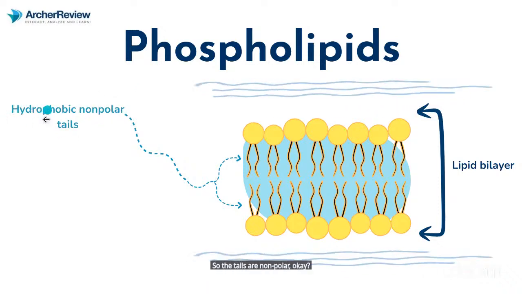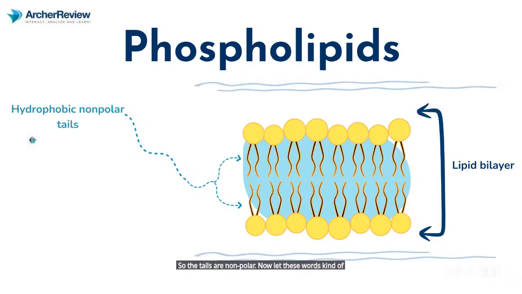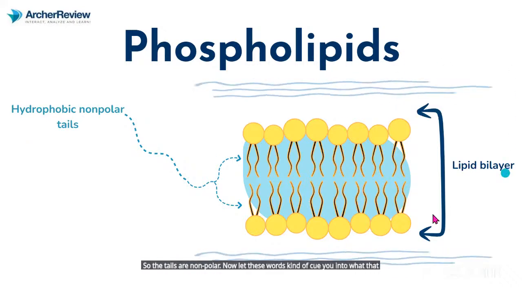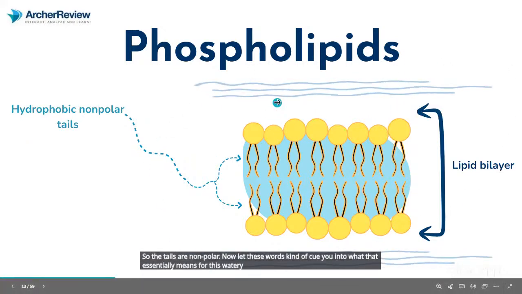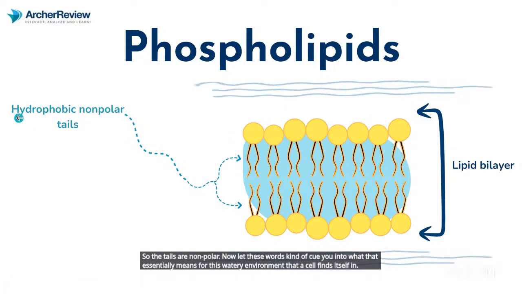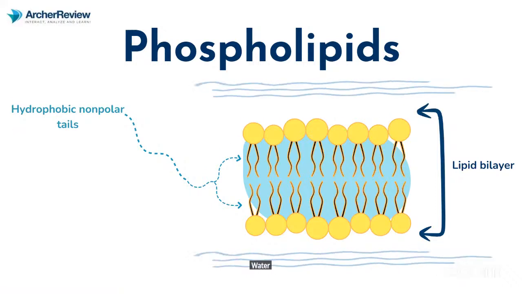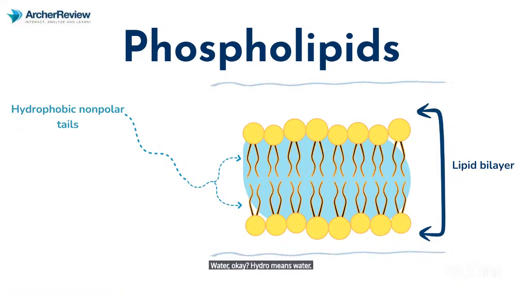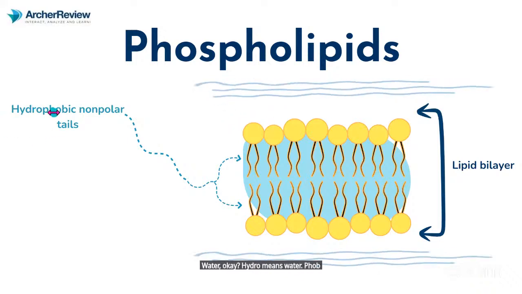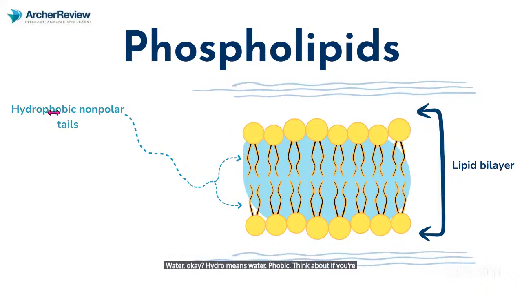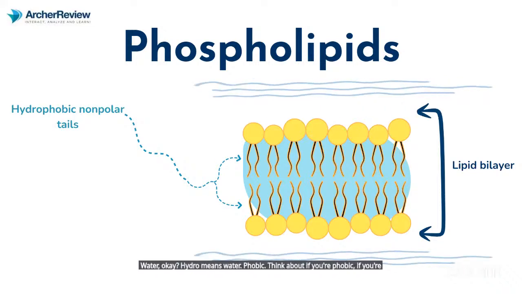Now let these words cue you into what that means for this watery environment that a cell finds itself in. Hydrophobic. Hydro, hydrate, water, okay? Hydro means water. Phobic, think about if you're phobic, if you're afraid of something, that's a way you can pull that together.